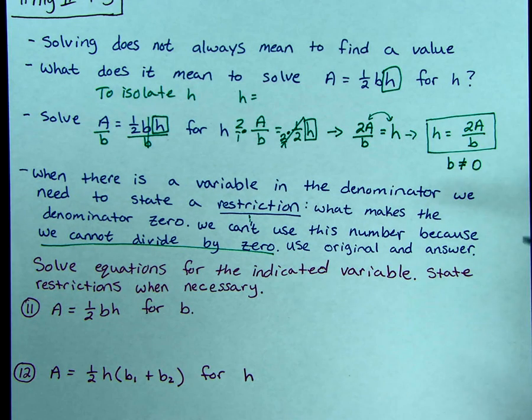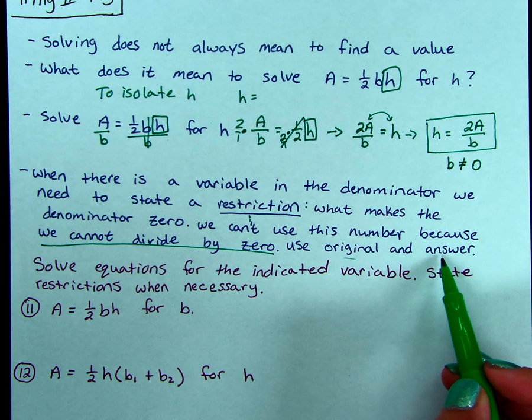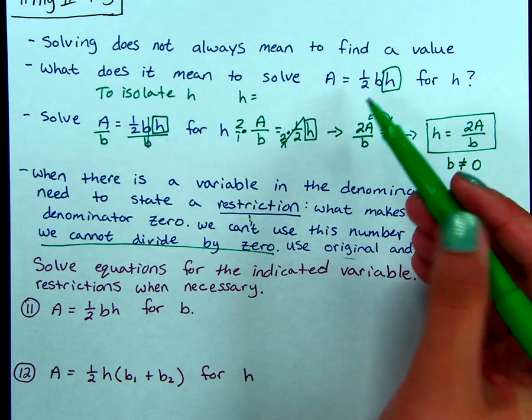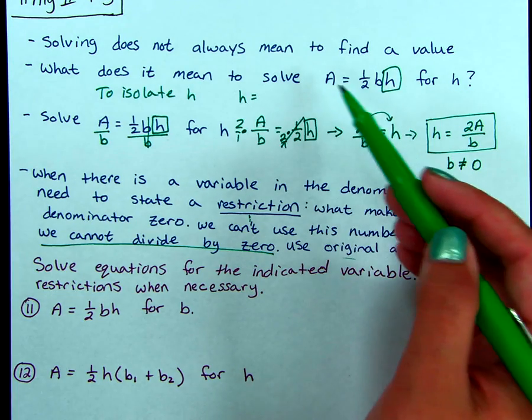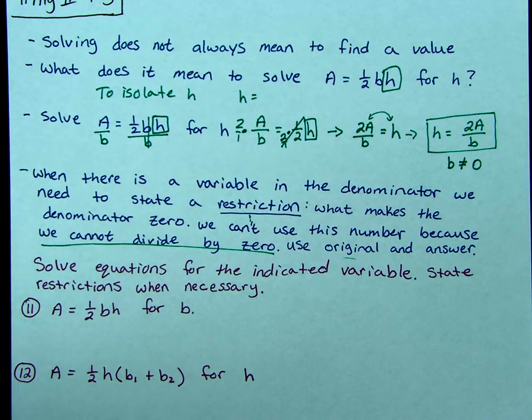Now when we state restrictions, we use the original problem as well as our answer. In our original, we don't have any variables in a denominator, so we don't need to worry about it. Restrictions only apply when we have variables in the denominator of a problem. And again, that's both in the original and your answer.